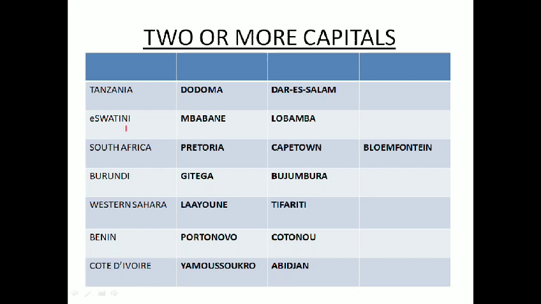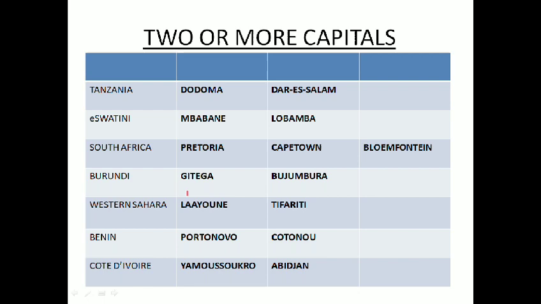That's why the royal family changed its name to Eswatini. It has two capitals, Mbabane and Lobamba. South Africa is perhaps the only country in the world having more than two capitals. That is, it has three capital cities, Pretoria, Cape Town, and Bloemfontein.